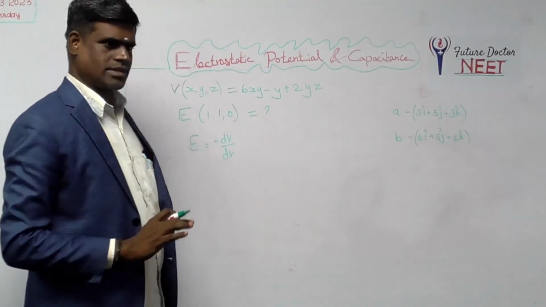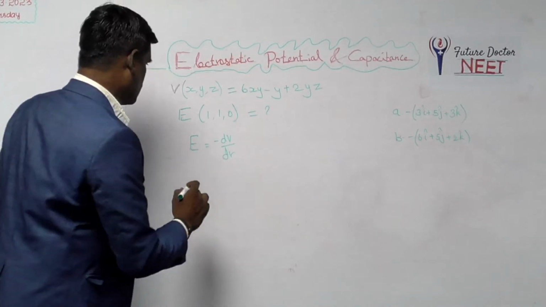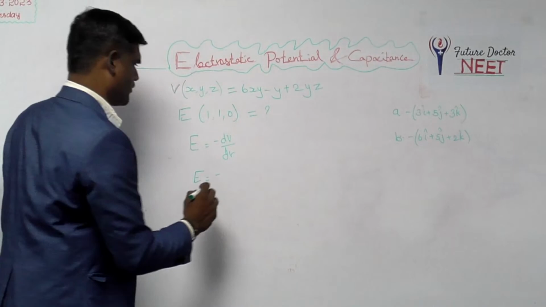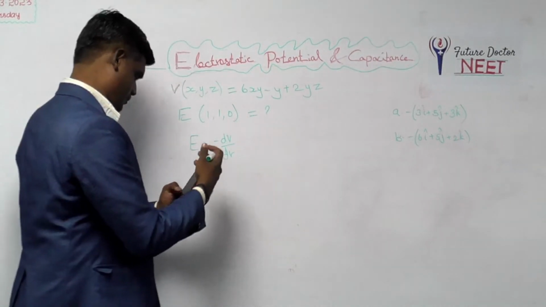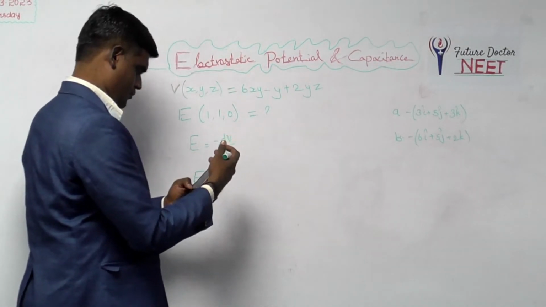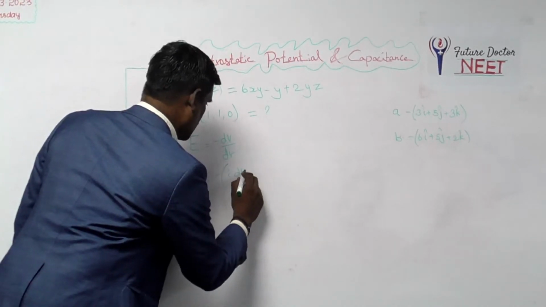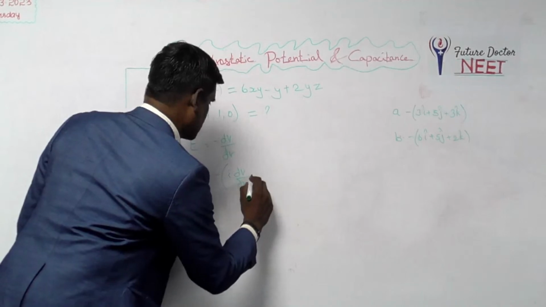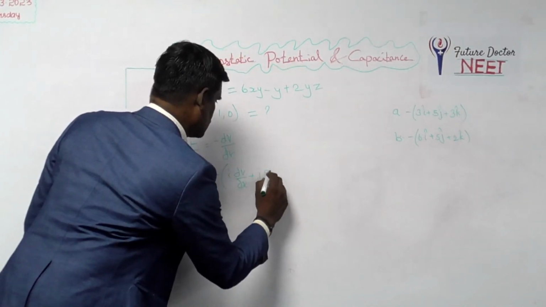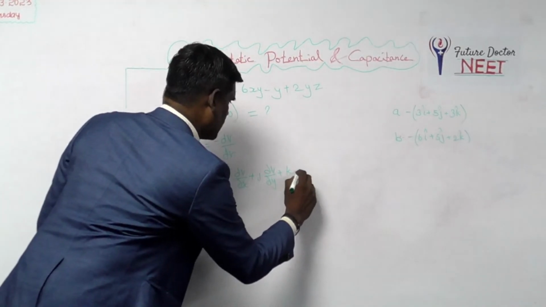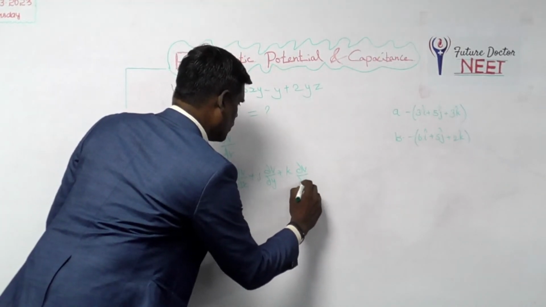So all the three axes. Now E equal to minus, i into dou V by dou x plus j into dou V by dou y plus k into dou V by dou z.